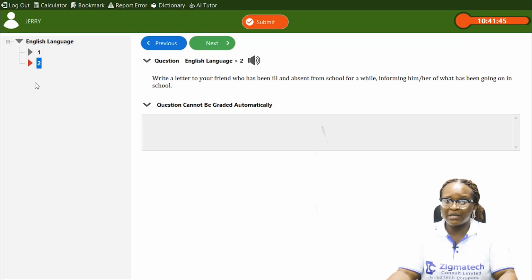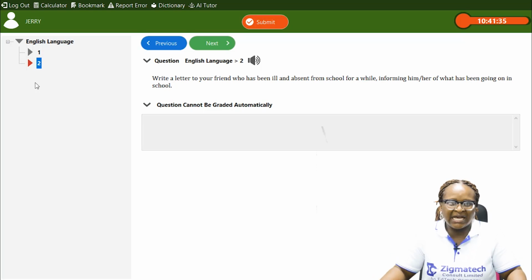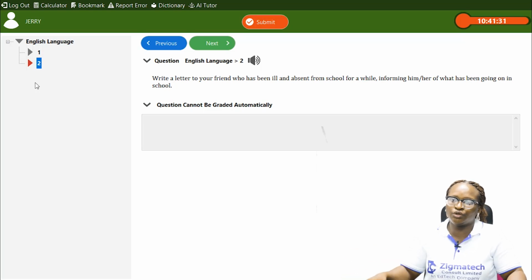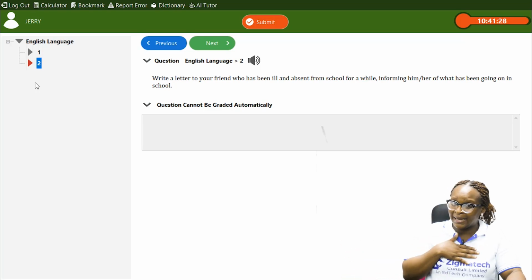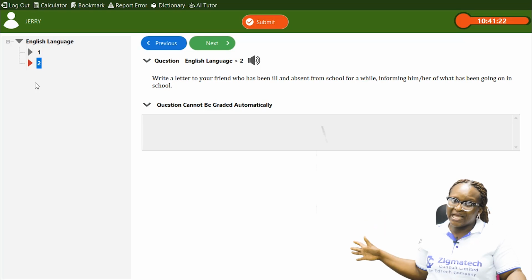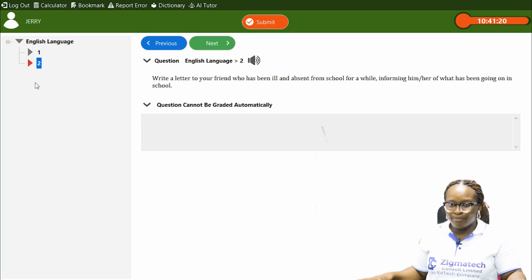I hope I'm getting it across appropriately. Pleasantries are allowed in informal letter, but do not think that pleasantries must be the first thing that takes off an informal letter. No, the tone of the question will determine if I am to exchange pleasantries in my first paragraph or let it play out in my last paragraph.